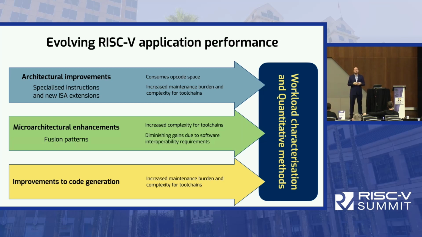So if we're adding more architectural instructions, there's an obvious cost associated with it. We have limited opcode space. In fact, when looking at our opcode space, it is sometimes scary how few major opcodes or instructions we have and how full our opcode space in 32 bits already is. So we're limited in how much we can still do in terms of adding ISA instructions or new instructions without going into the 64-bit space.